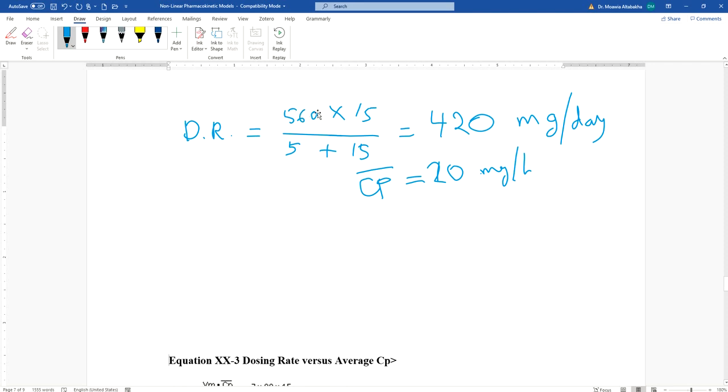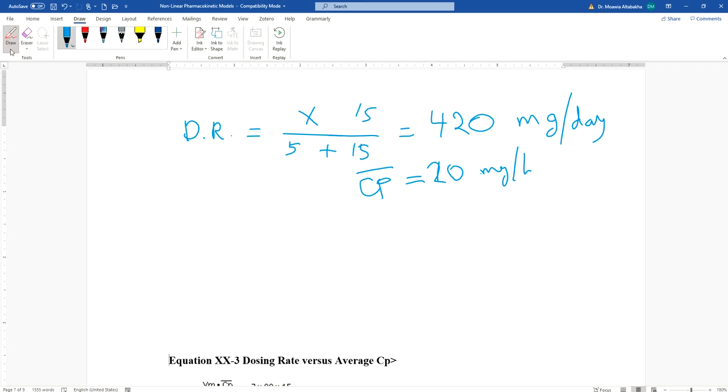So what you do here, consider this one as X. Let me write it in a different place.